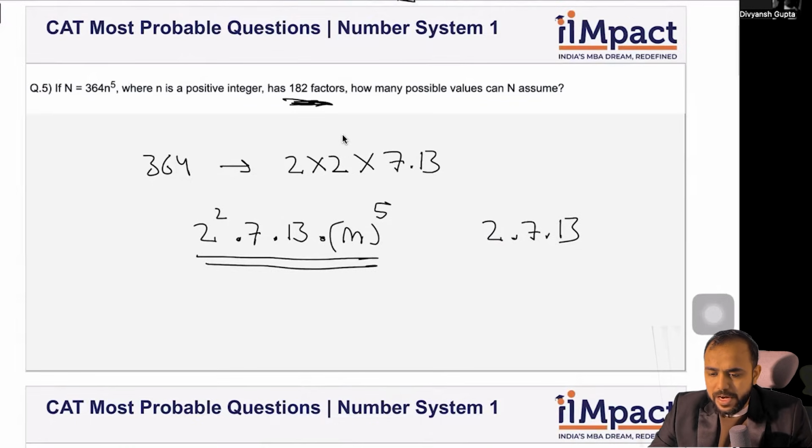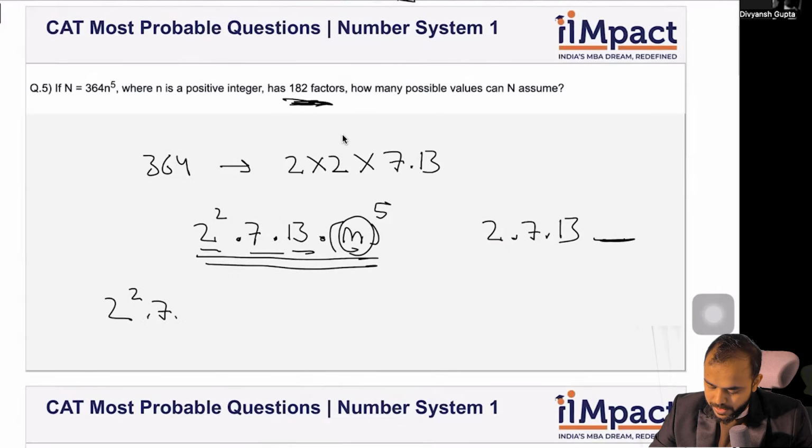Now before we move ahead with that, it is abundantly clear that n can only have 2, 7 and 13 as its factors, because otherwise there would be a fourth factor involved, which should have been there in the number of factors expression as well, which it is not. So we will write n as 2 to the power 2 into 7 into 13 into 2 to the power 5x into 7 to the power 5y into 13 to the power 5z.